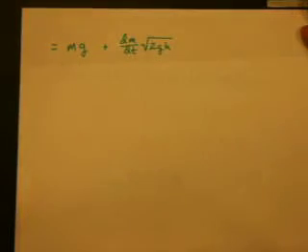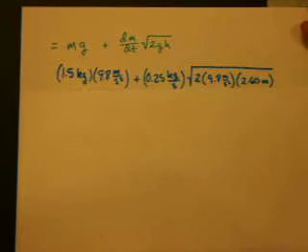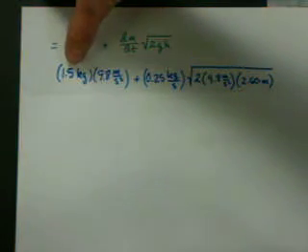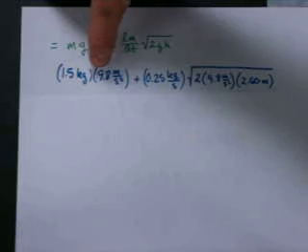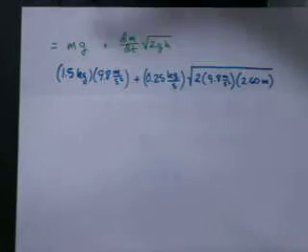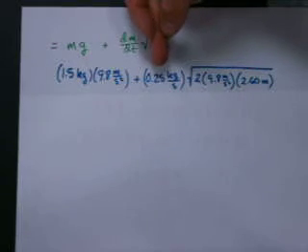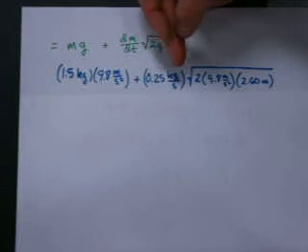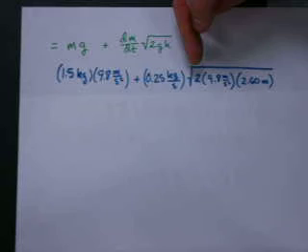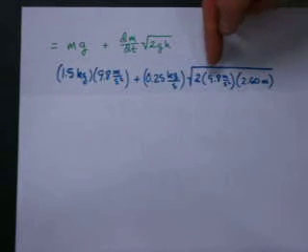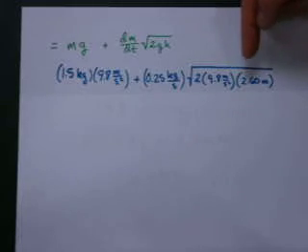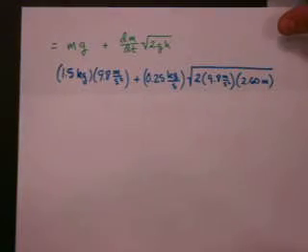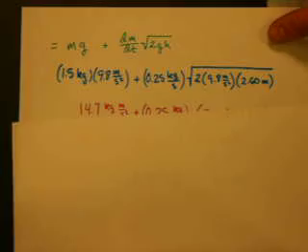Now, going back to our force equation, when you plug in the numbers, you still have 1.5 kilograms times 9.8 meters per second squared, plus the rate that the water falls into the bucket, which is 0.25 kilograms per second, times your velocity, which is the square root of 2 times 9.8 meters per second squared, times the height, which is 2.60 meters.